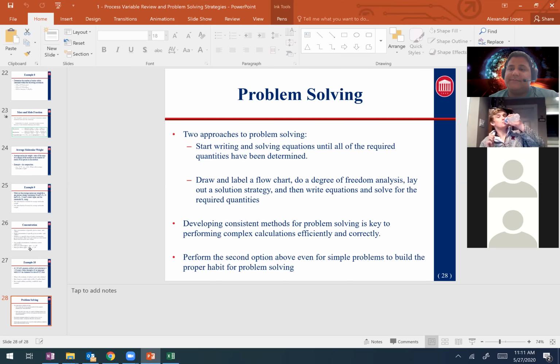Make sure you're using an effective strategy and good technique so that when the problems get complex or difficult, you don't get lost, you don't get unorganized and messy, and that's when things go south. So it's better to practice and build that good habit when the problems are simple, so that you have the habit in place when the problems are complex, versus trying to develop the habit while you're also trying to get through complex problems.